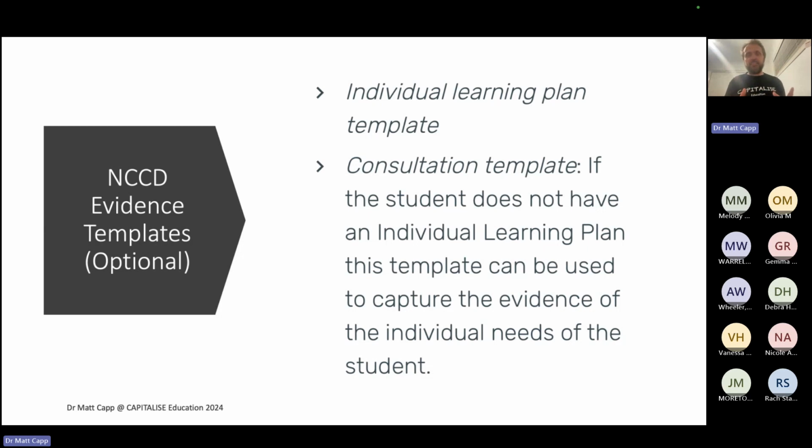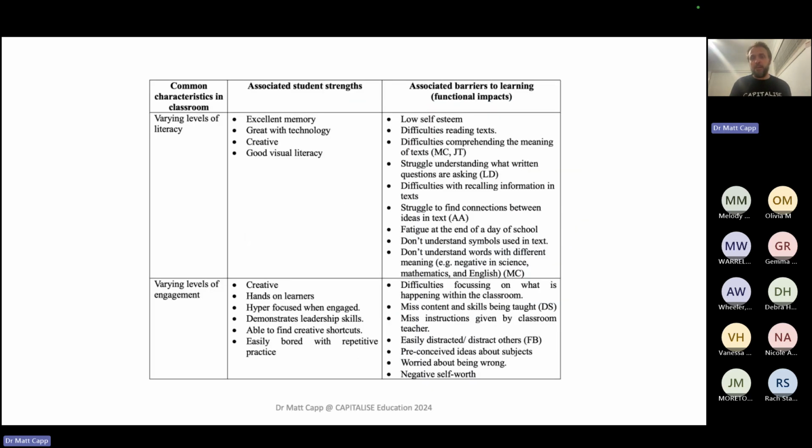The nationally consistent collection of data requires us to identify students' needs, so we need to provide some sort of evidence of that. So rather than having an individual learning plan for a child receiving quality differentiated teaching practice, maybe we can go back to that document, and where we've got functional impacts, we think about the students with disability in our class and we put initials of those students next to those functional impacts to show that we've mapped out and identified what our students' needs are.